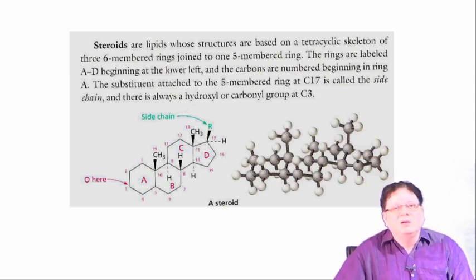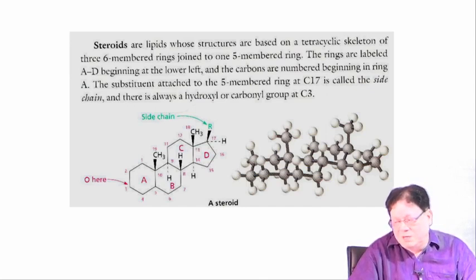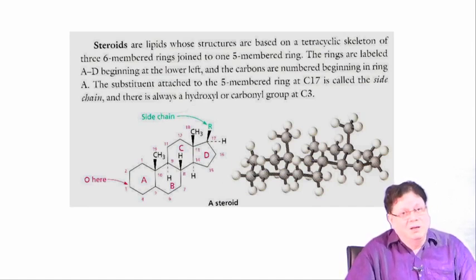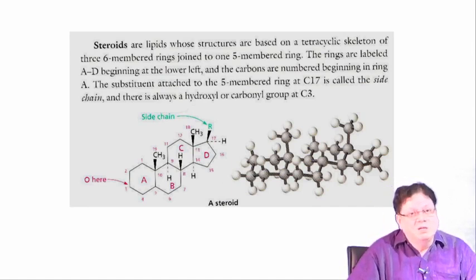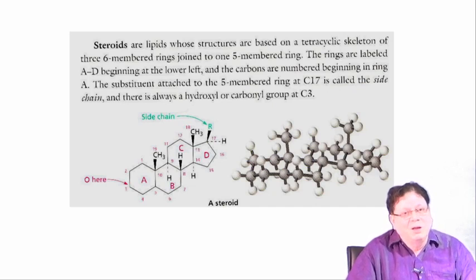This is a steroid structure shown here, and what are steroids? By definition, steroids basically have 3 six-membered rings A, B, C, fused with a 5-membered ring shown as D. This is a derivative of phenanthrene, but with no double bond, so it is called perhydrophenanthrene.